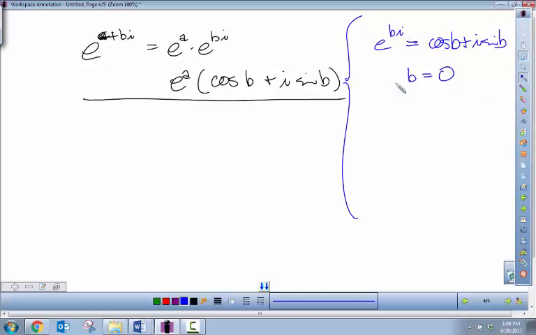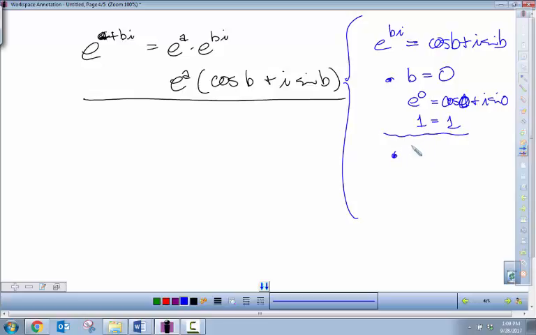So when b is equal to 0, what do we get? We get e to the 0. That's 1. So what's cosine of 0? 1 plus i sine of 0. Oh, 0. So 1 is equal to 1. That was boring.